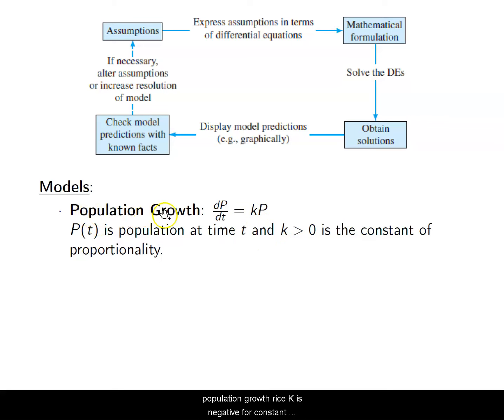So this is for population growth. If K is negative, if your constant of proportionality is negative, then you have decay. It's a decay model, so you have a decrease in population. Generally when we have a decrease, we'll use that for radioactive decay because it always decays. So here it's the same thing.